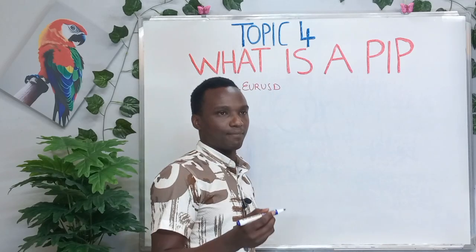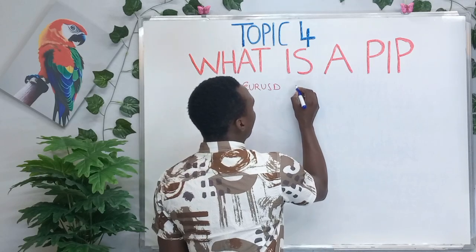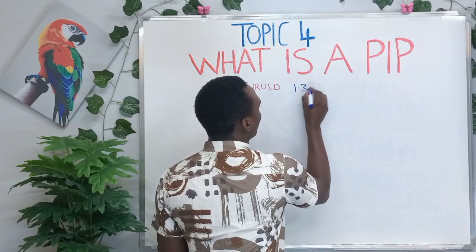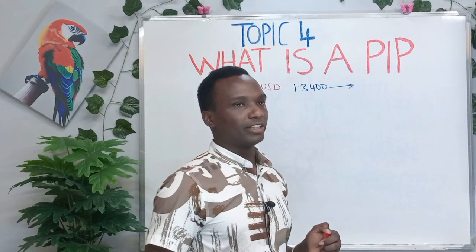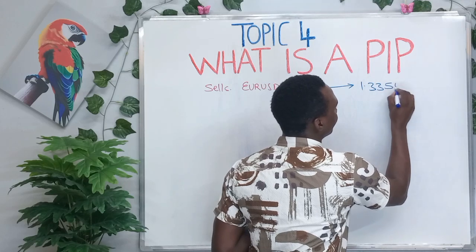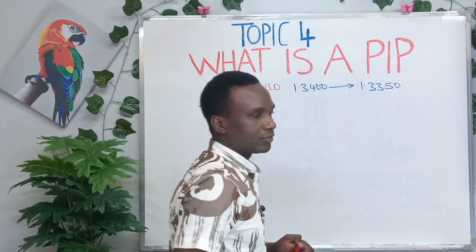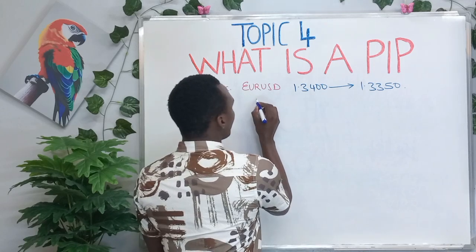Let us take an example where our price goes from 1.3400, decreasing to maybe 1.3350.